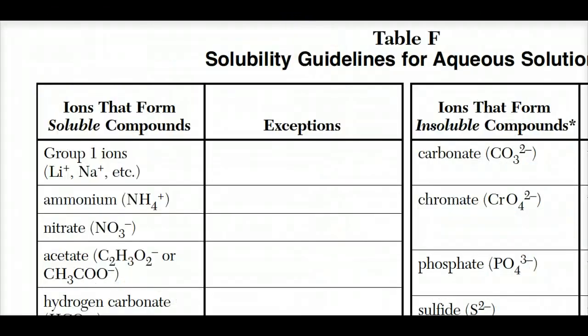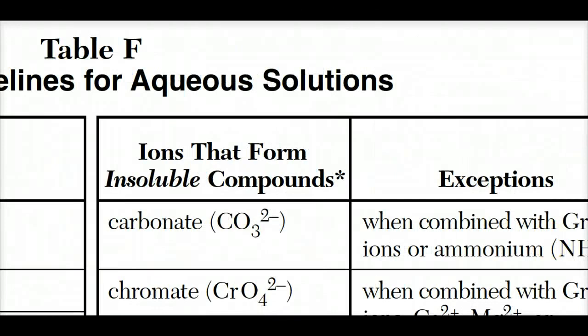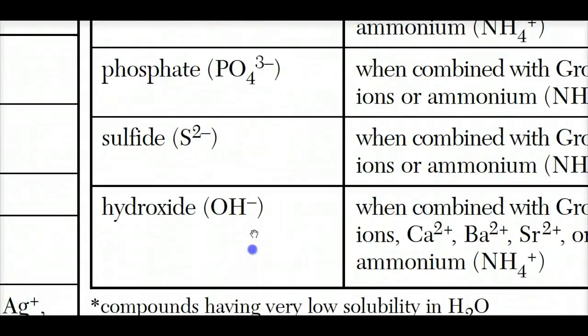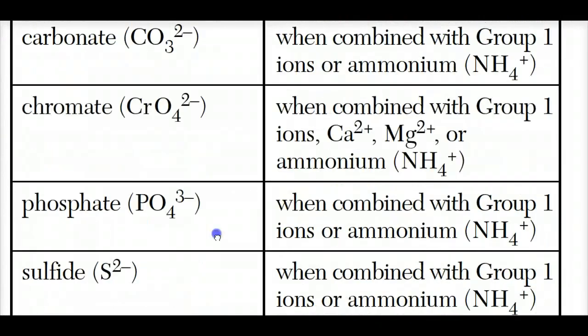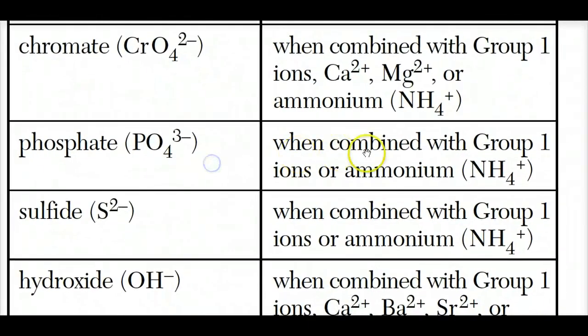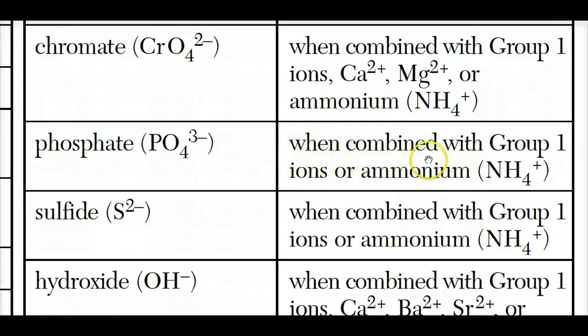Now, phosphates have a high charge. Phosphates are -3, and they are normally insoluble. There are some exceptions, but barium is not a group 1 atom, it's a group 2 atom, in the second column, so barium phosphate is not soluble.